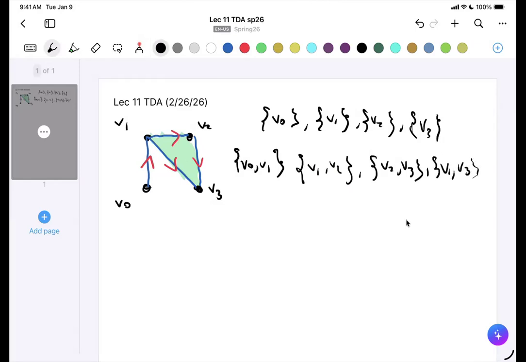To refer to the triangle, you again refer to it in terms of its vertices. A triangle has three vertices, and you list them in increasing order, which is V1, V2, V3. So that is one way to think about the simplicial complex.